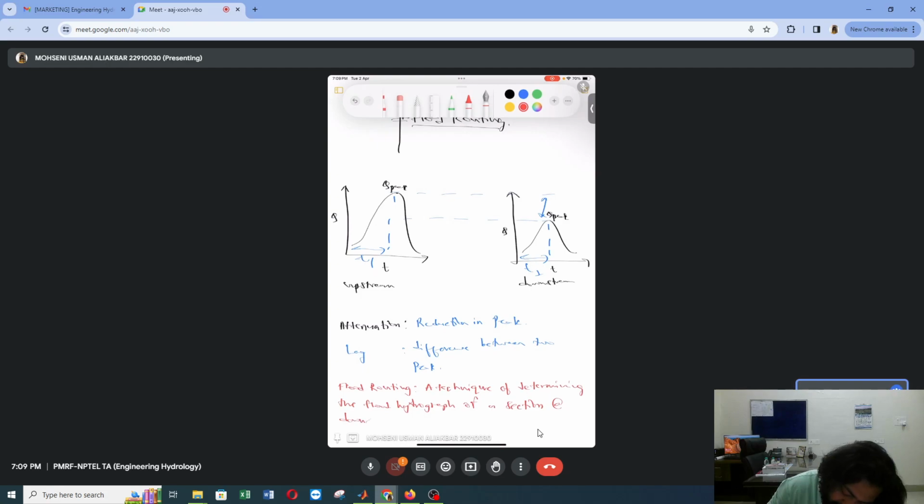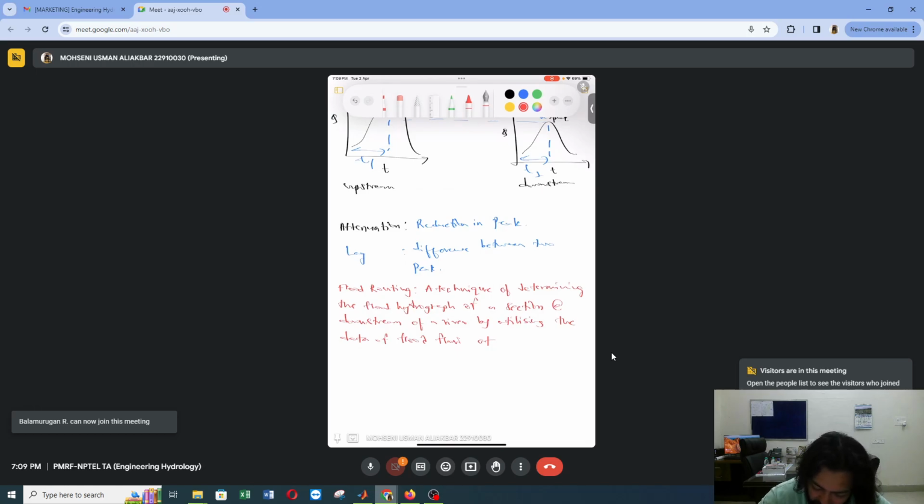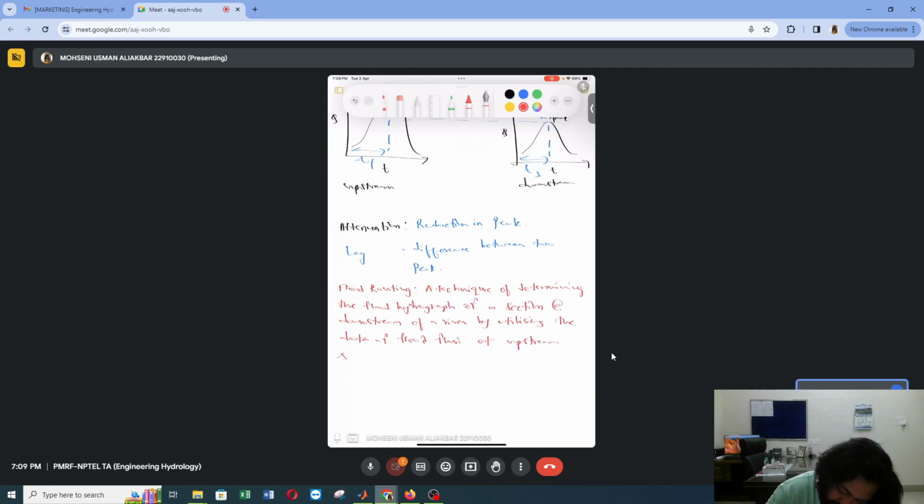So the important thing here is, we are deriving the flood hydrograph of a section at a downstream of a river by utilizing the data of flood flow at an upstream section, right? So this is the definition of flood routing.